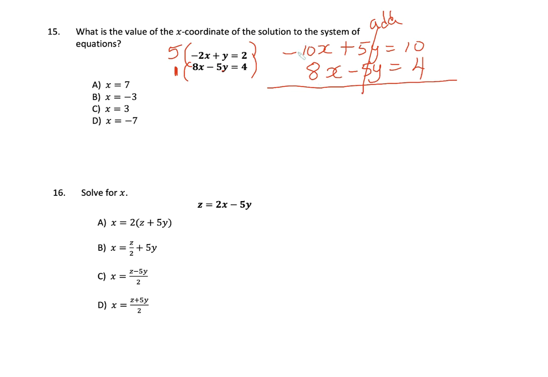Negative 10x added to 8x gives me negative 2x, and when I add 10 and 4, I get 14. Solving for x, divide both sides by negative 2. So x has a value of negative 7, and your answer is D.